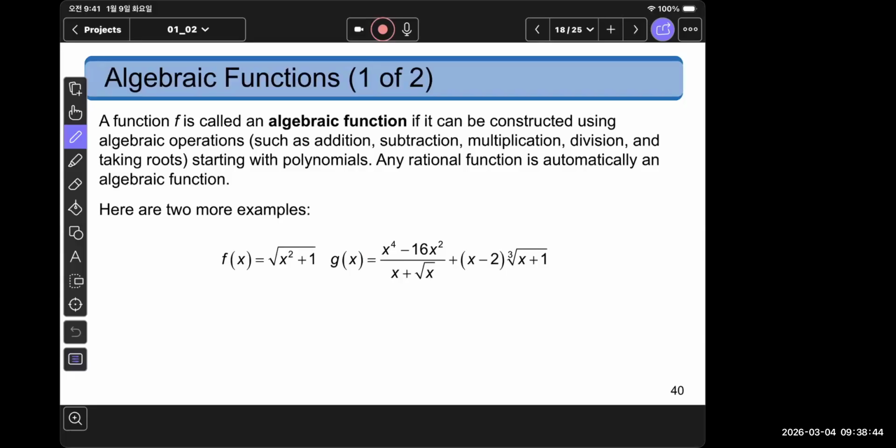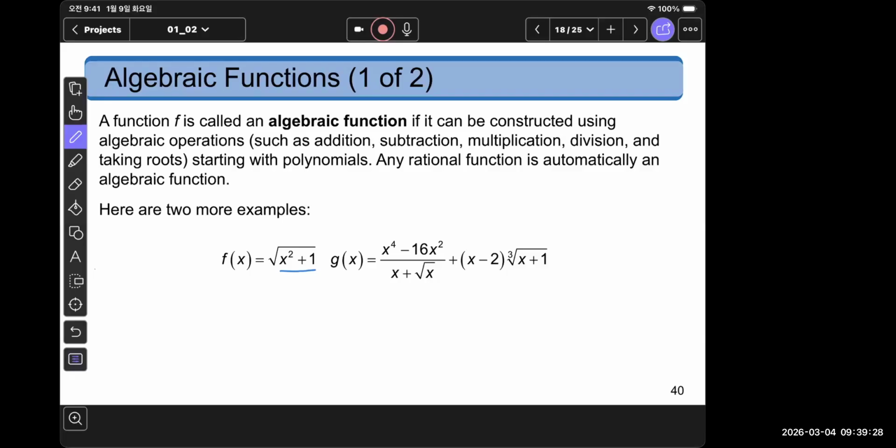Now, given some functions, sometimes I can construct another function from the known functions by performing some algebraic operations. When I say an algebraic operation, it means addition, subtraction, multiplication, division, or taking a square root or any root. When I say an algebraic function, I should start with polynomials, say x squared plus 1.